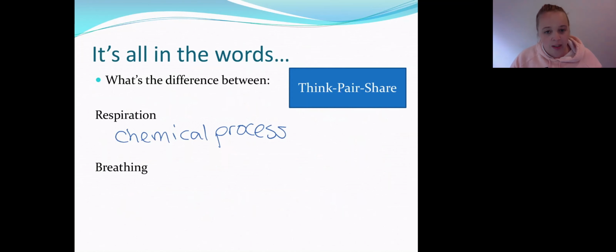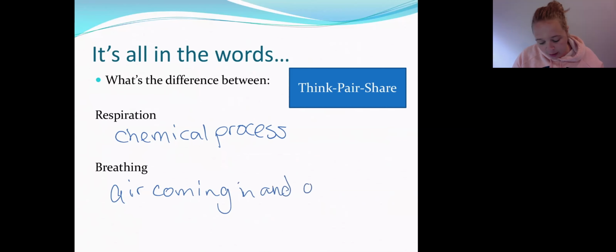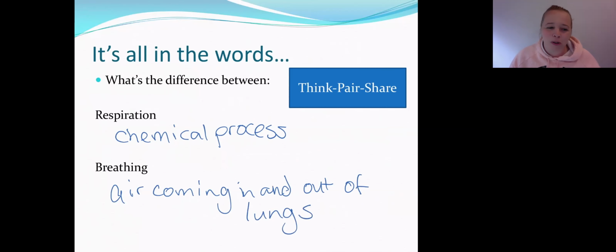And then the second one is breathing. Breathing is literally air coming in and out of our lungs. Now, the confusing thing is we often talk about the respiratory system, and the respiratory system has to do with breathing. It doesn't have to do with respiration. So respiration is the chemical process, and breathing is the air moving in and out of our lungs.